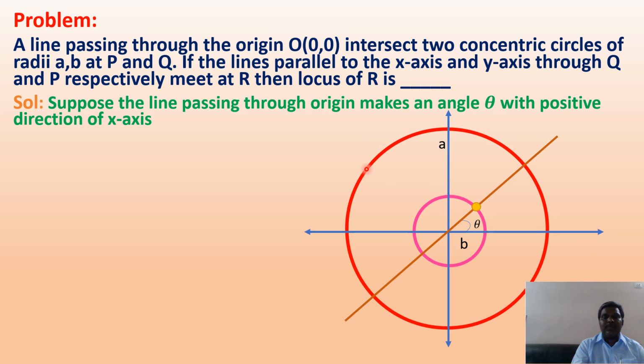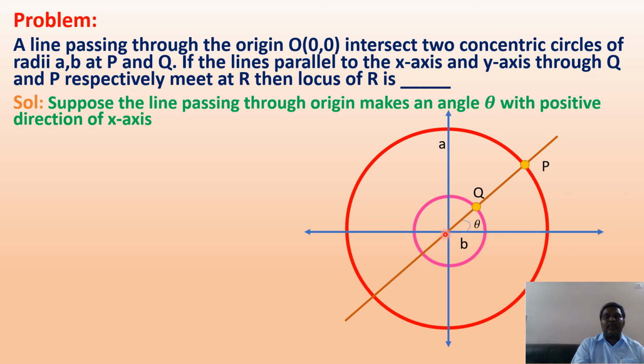So this is the first point of intersection Q, and this is the second point of intersection P, as from the given data. This is the circle of radius a, intersecting the line at P. So this is my largest circle of radius a. The circle of radius b intersects the line at Q. What is my line? y is equal to some kx.